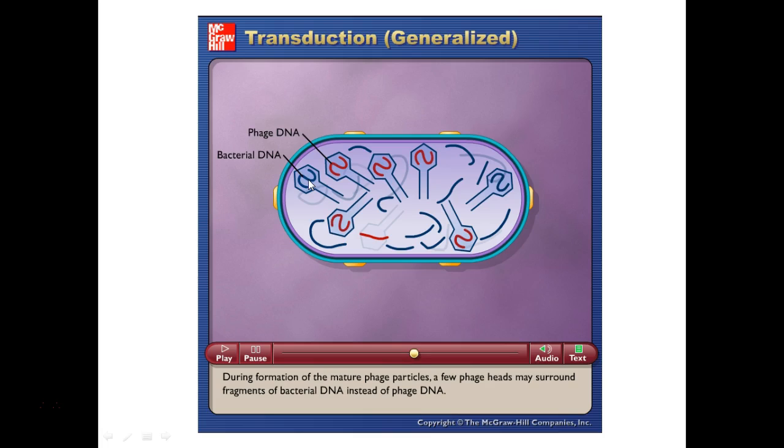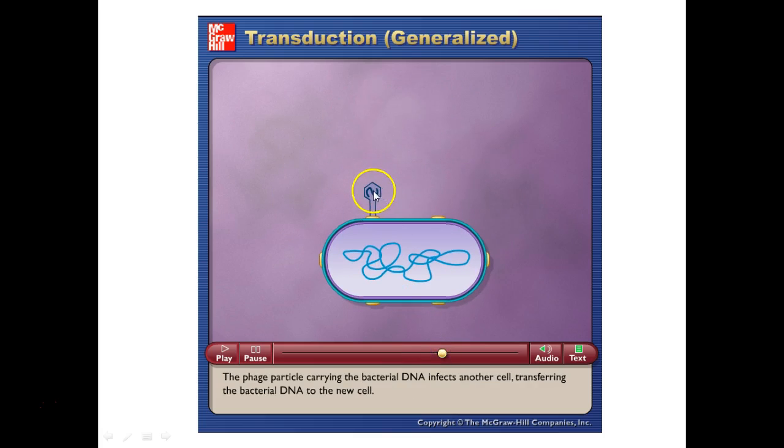When that happens, that virus now is basically just a vehicle, just a duct. It's going to be moving DNA from one bacterial cell to another. When this injects its nucleic acid, it's not going to cause a viral infection. It's not viral DNA. It's bacterial. So this virus just basically ended its life cycle because it screwed up.